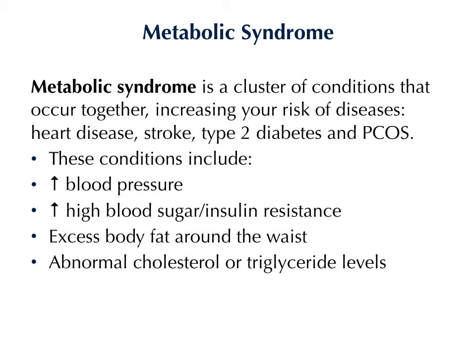So let's go over some of the signs and symptoms. Clinical manifestations of metabolic syndrome can include hypertension, hyperglycemia, insulin resistance, abdominal obesity or excess body fat around the waist in particular, abnormal cholesterol and triglyceride levels, acanthosis nigricans, which is a velvety hyperpigmentation of the skin.